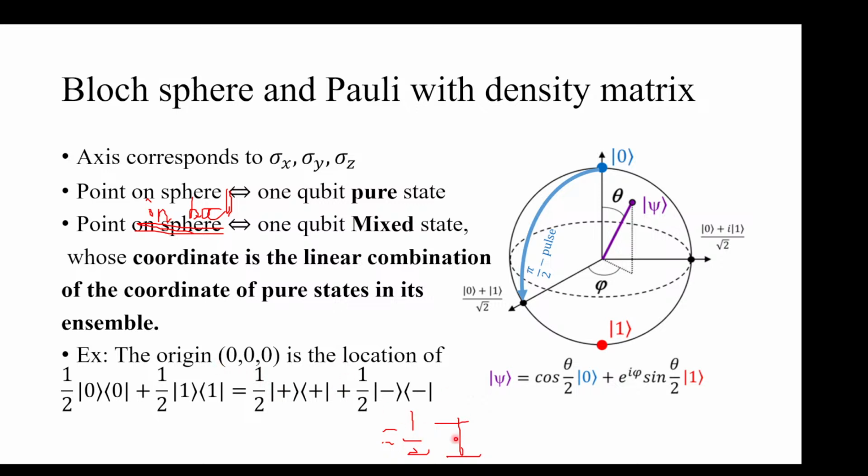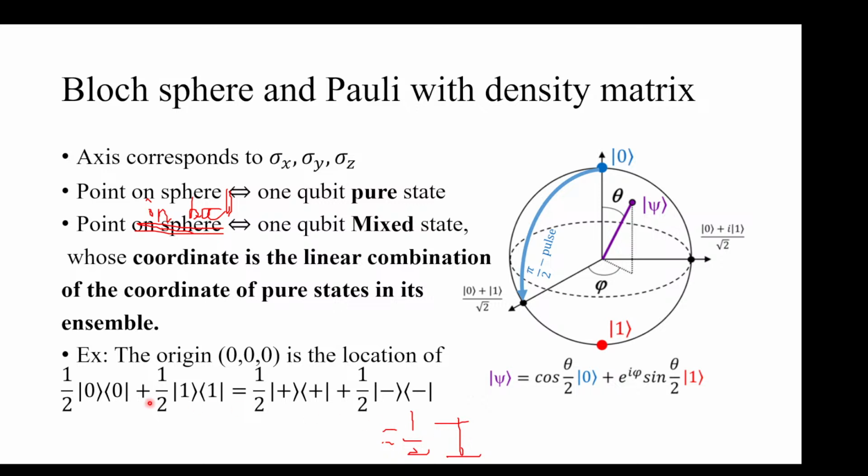Because we know the completely mixed state is a probability mixture of 1/2 of the 0 state and 1/2 of the 1 state. If you take a coordinate average of the north pole and the south pole, you see that it's at the origin. So the origin with coordinate 0, 0, 0 in this three-dimensional space corresponds to 1/2 identity.